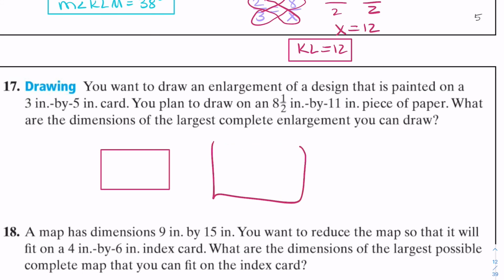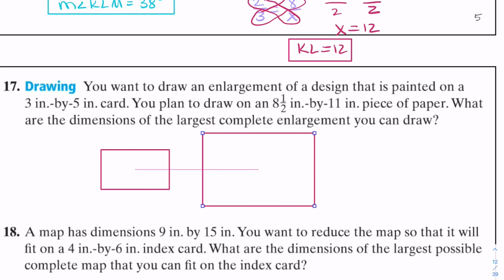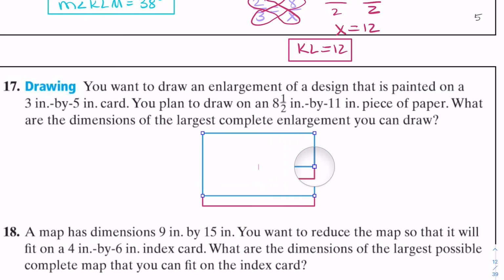Okay, it does not want to do my paper for me. All right, let's say that that's the paper. The problem we're going to have is when we go to enlarge, let's say we take this. I'm going to change the color. Let's say when we take our 3 by 5 card and we go to enlarge it, what's going to happen is it's going to hit here first, or it might hit here first. So we won't be able to make a full enlargement.